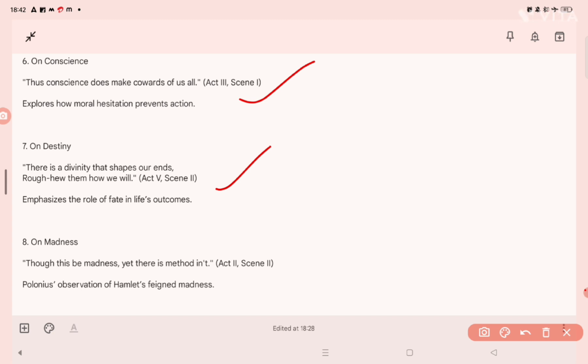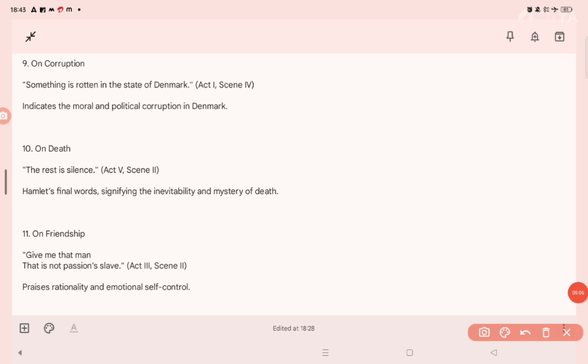"Though this be madness, yet there is method in it." "Something is rotten in the state of Denmark." "The rest is silence." "Give me that man that is not passion's slave."